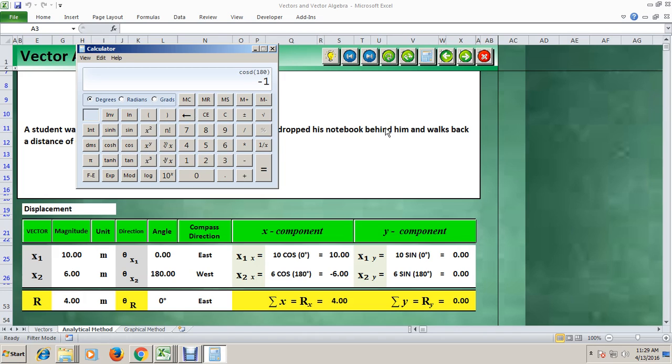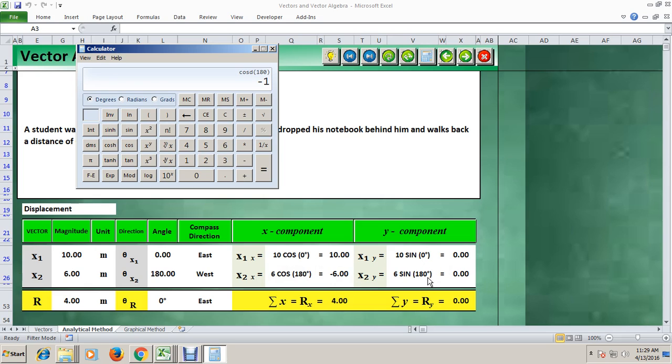Notice that the result is negative 1. Cosine of 180 degrees is negative 1. You multiply that with 6, that gives you negative 6.